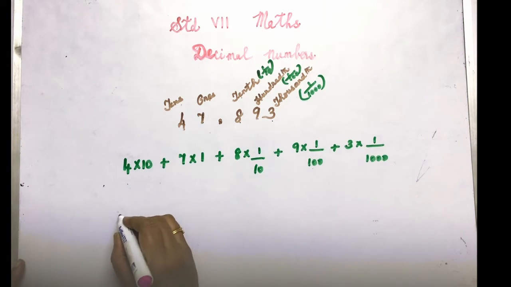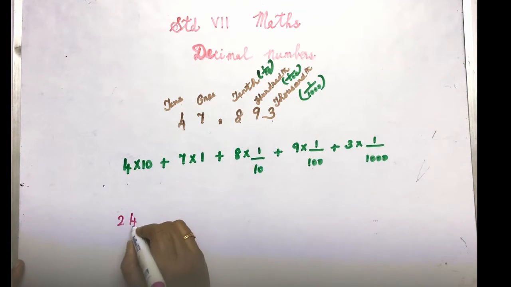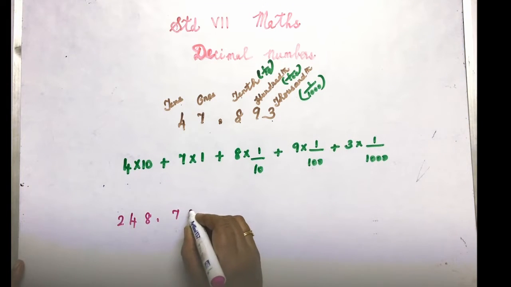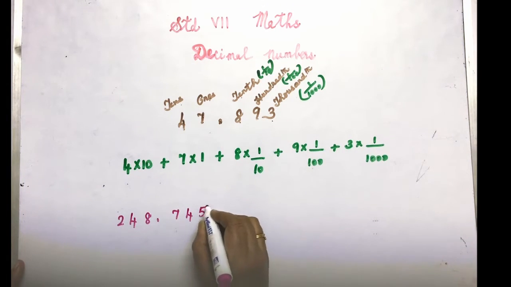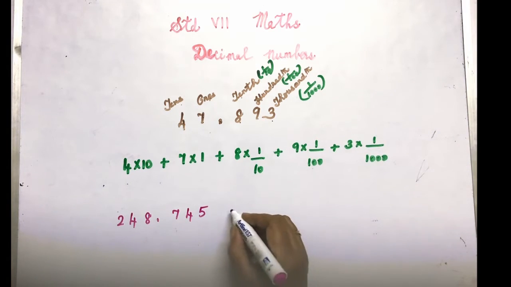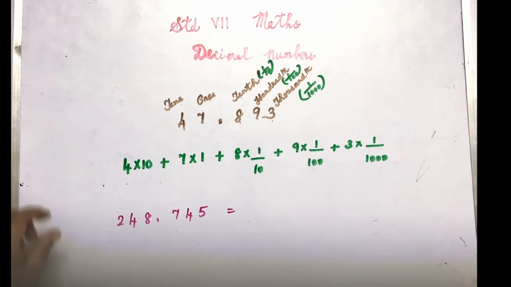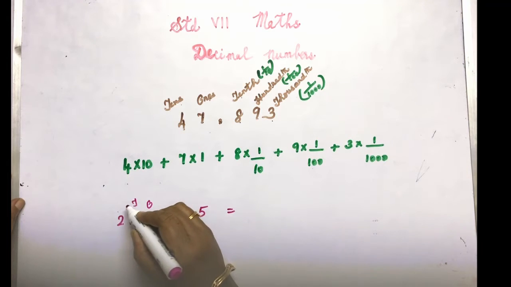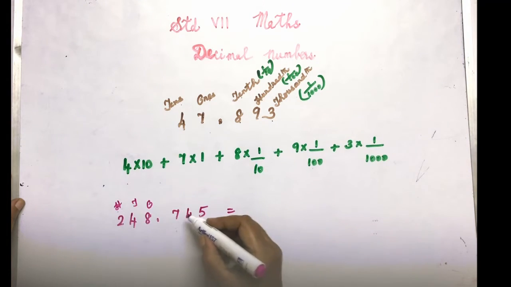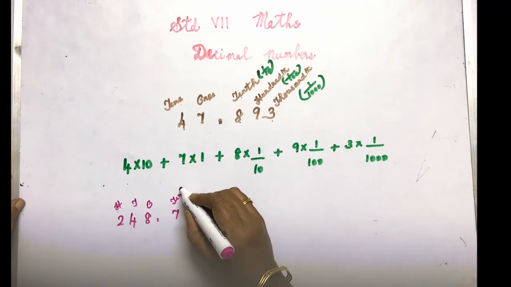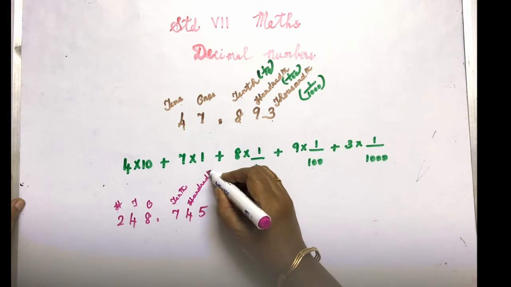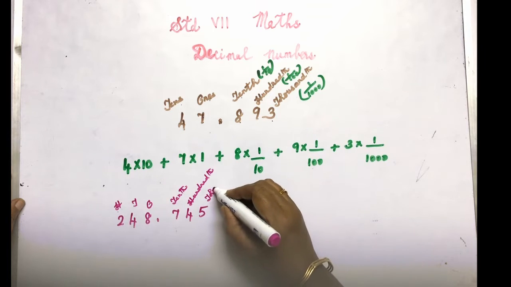Now we will take some other number, 248.745. First we will write the place values: ones place, tens place, hundreds place, and this is tenth place, this is hundredth place and this one is thousandth place.